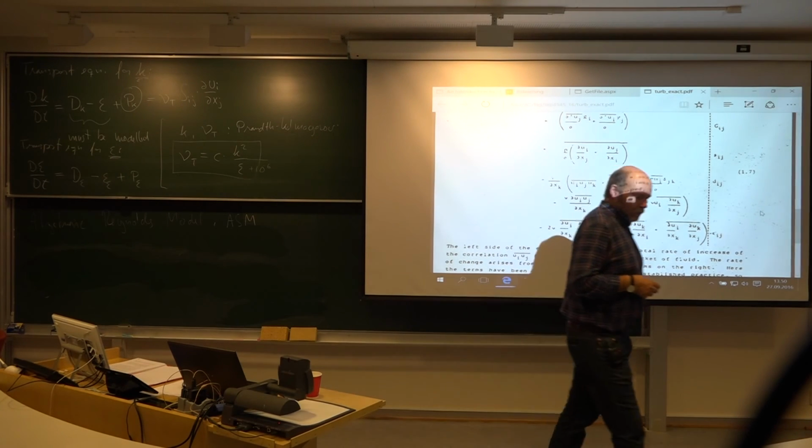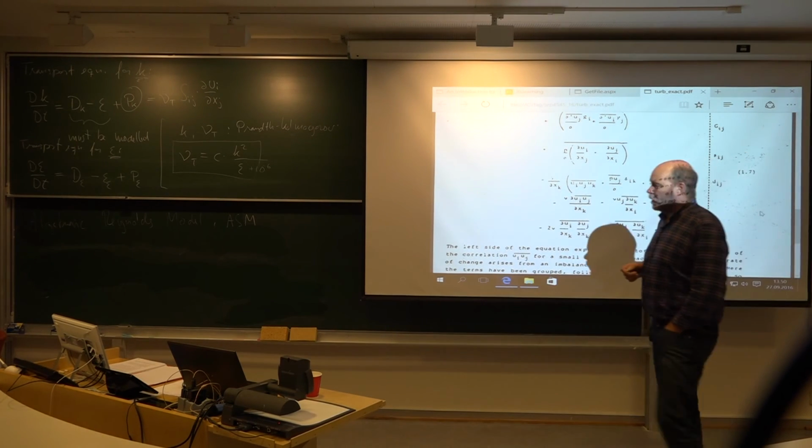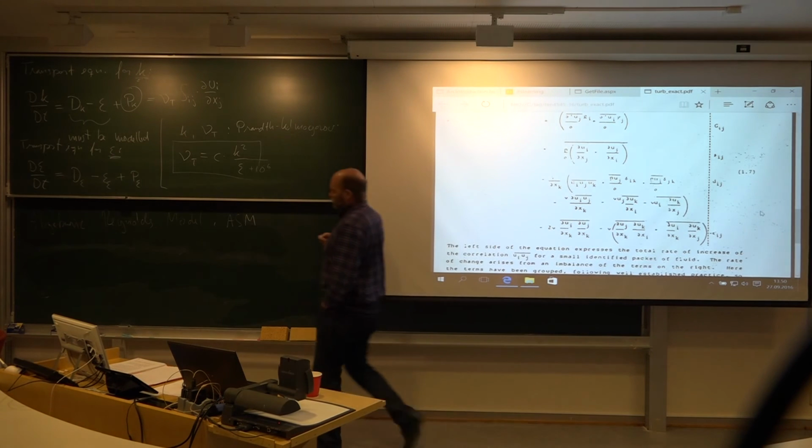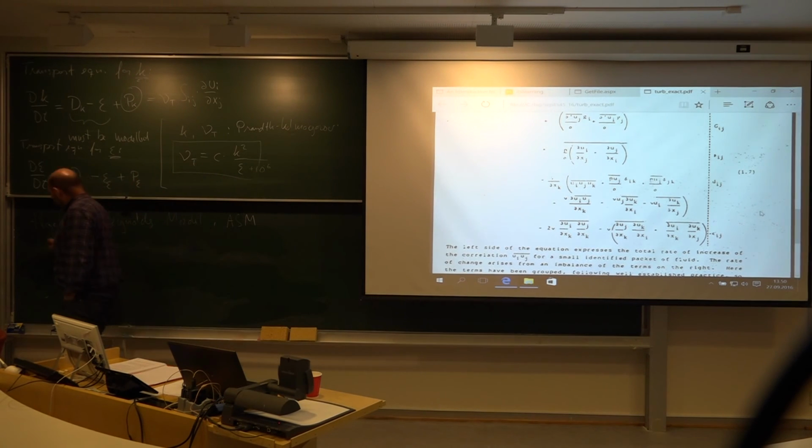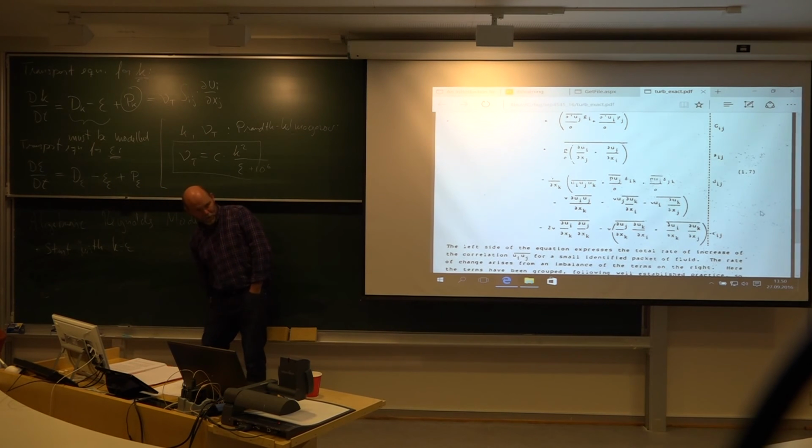So with this model, you start with K epsilon, and you have obtained a solution there.